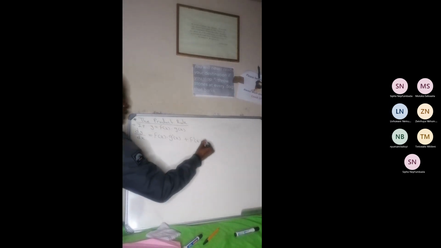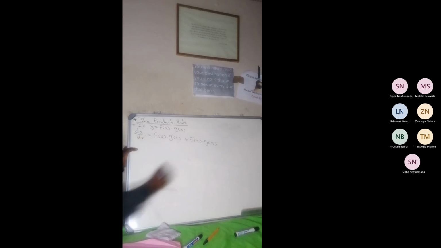If our function y is given by f of x multiplied by g of x, and we want the derivative dy over dx, this is equal to: we first copy the first function and we derive the second, we write a plus sign. Now we derive the first and we copy the second. Any questions?